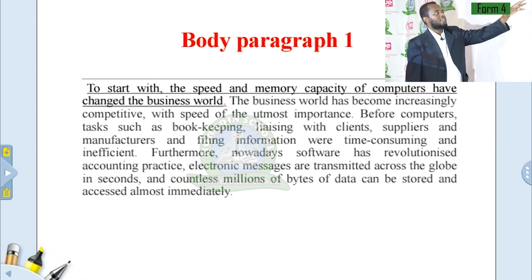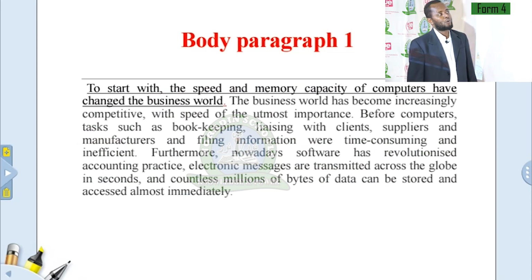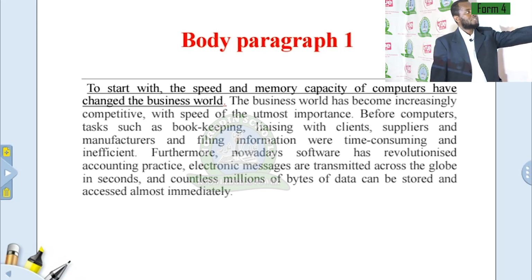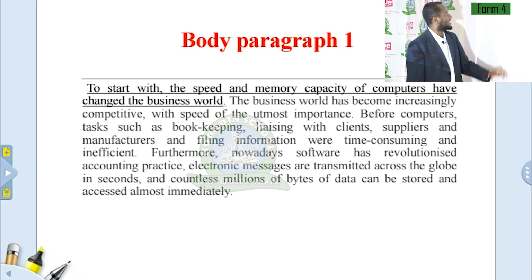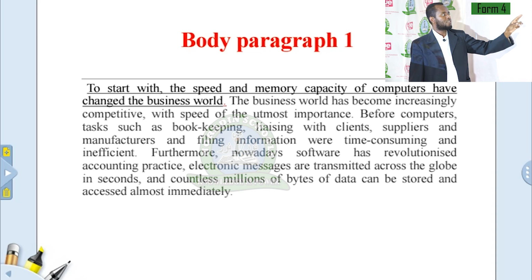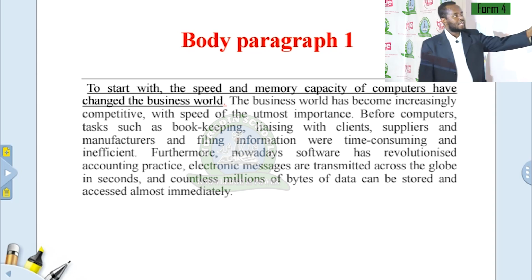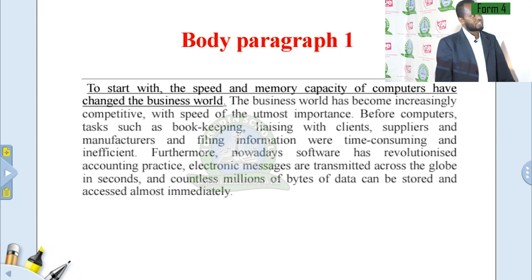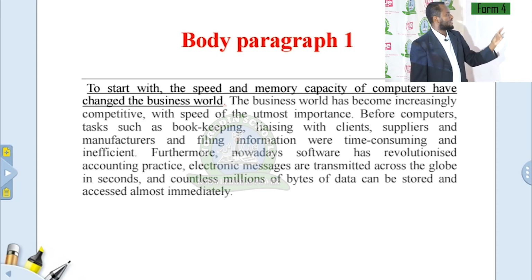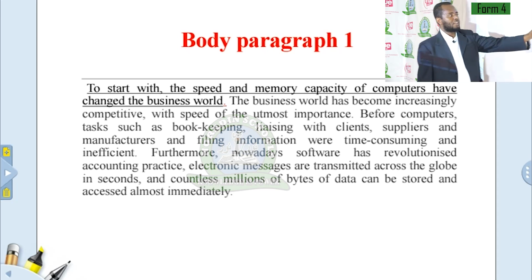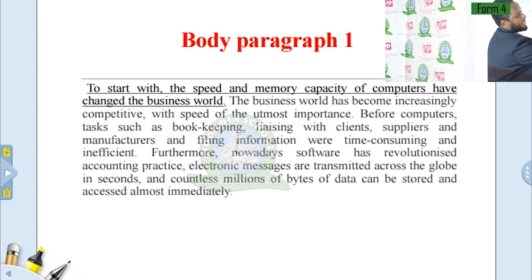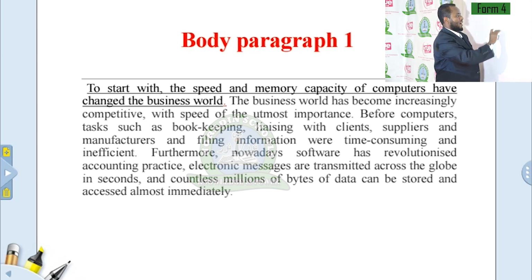To start with, the speed and memory capacity of computers have changed the business world. The business world has become increasingly competitive, with speed of the utmost importance. Before computers, tasks such as bookkeeping, dealing with clients, suppliers, and manufacturers, and filing information were time-consuming and inefficient.